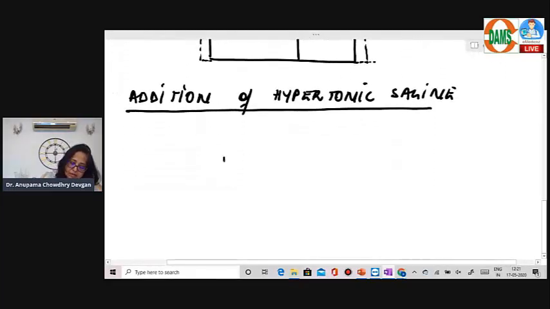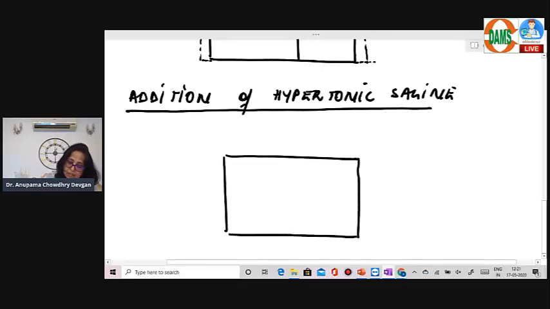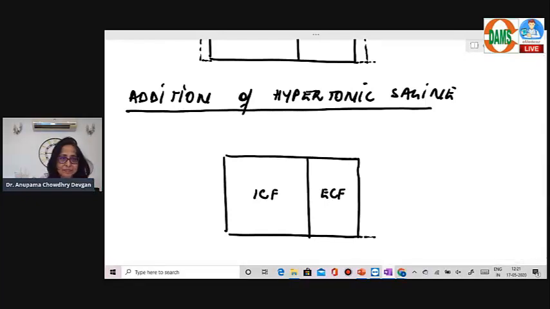Again, we've got the ICF, ECF. There will be increase in total body water. Remember now the first principle, addition of fluid will be in the ECF. But now the ECF osmolality will rise. Yes, if it rises, that means water will move from ICF to ECF.